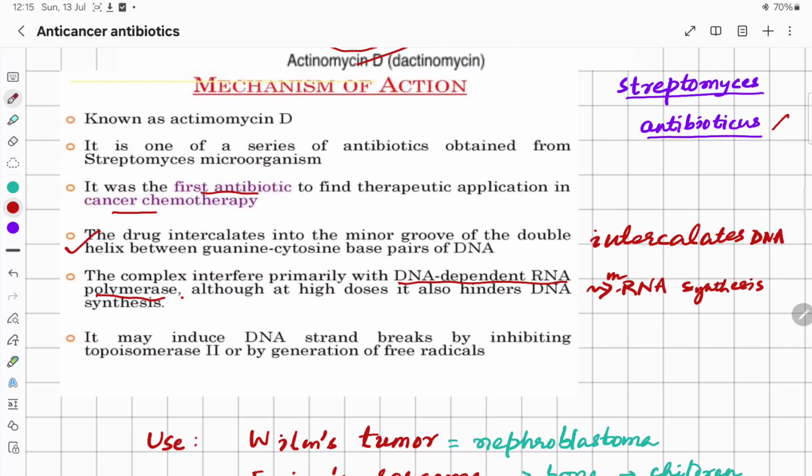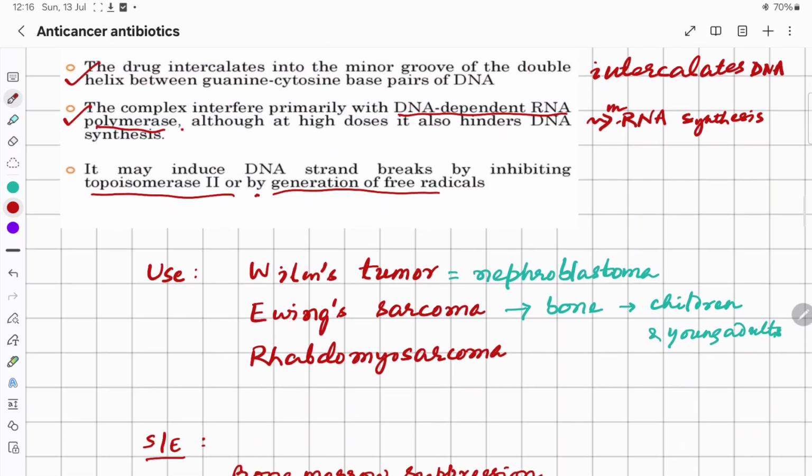These are the two main mechanisms of action, and in addition it can also induce DNA strand breaks by inhibiting topoisomerase 2 and by generation of free radicals. But the major one is intercalation of DNA and inhibition of mRNA synthesis.